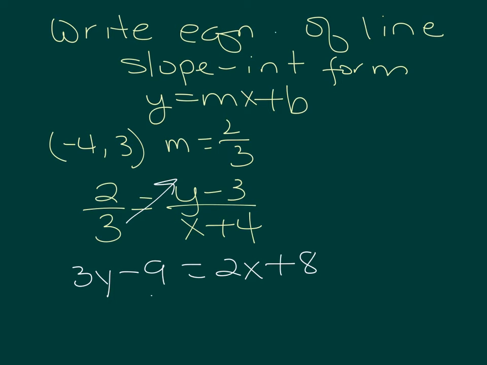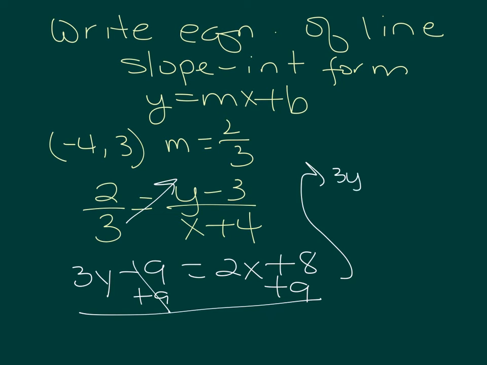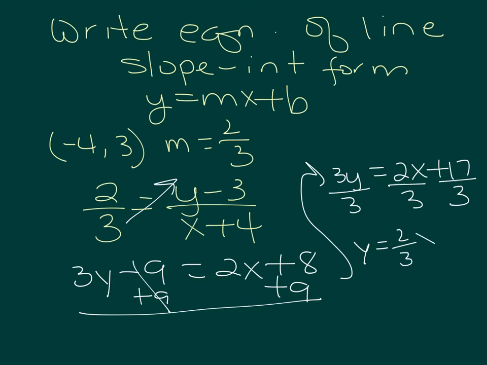I need to add 9 to both sides, and we get 3y equals 2x plus 17. Solve for y, so divide everything by 3, and you get y is 2/3 x plus 17/3. That'd be your answer on that problem.